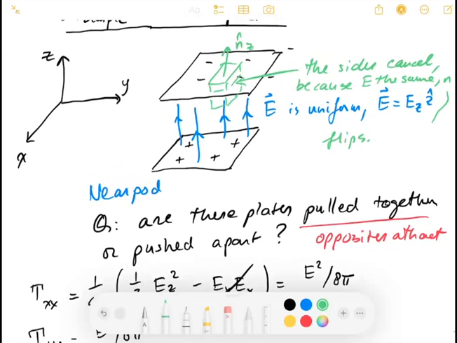So the top plate of this Gaussian box has a normal that's pointing in the z direction, but it is in the region where the electric field is 0. So T is 0 here, but T here is not 0. So that's what we need to worry about.